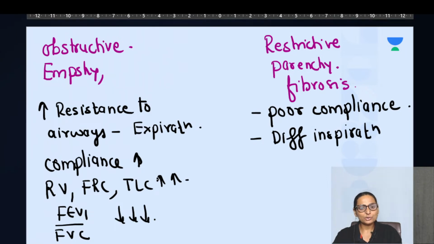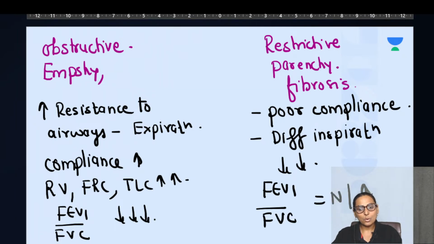So the residual volume and FRC will all be reduced. But if you look at the FEV1 to FVC ratio, this will be normal or increased, because the numerator is not decreasing, as there is no problem in expiration. The problem is in inspiration. So the ratio will be normal or even increased.